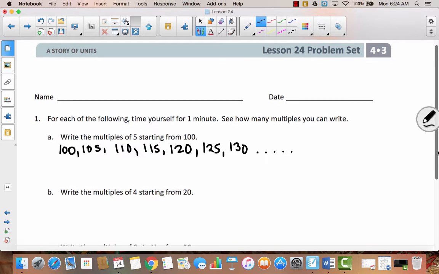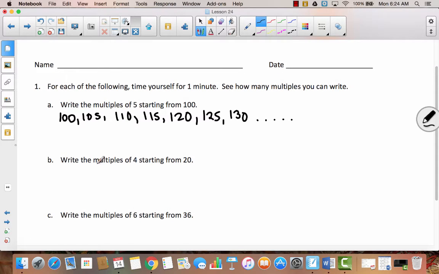Well, good for you. All right, so now you're going to start by writing the multiples of 4 starting at 20. So we're going to count by 4s, but we're going to start at 20. So again, you have a whole minute.